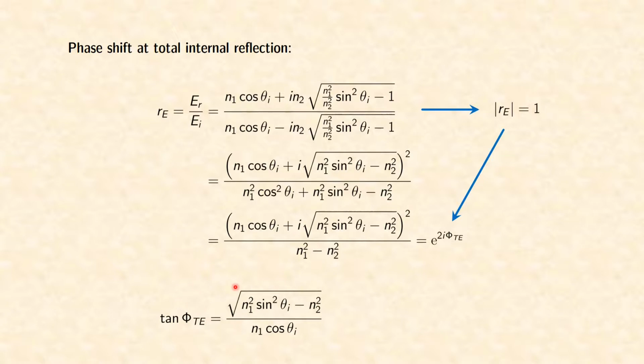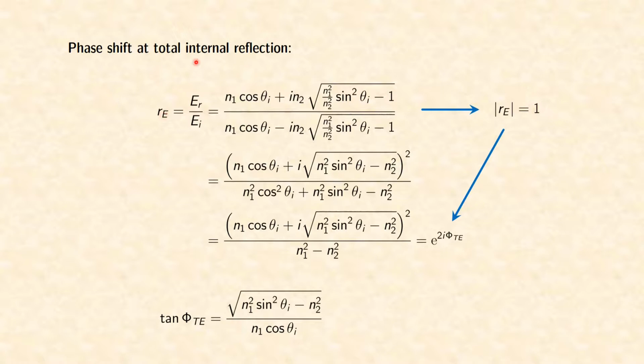and this in fact means that we have a phase shift in the reflected wave, which we don't have in case of normal reflection, because when we have normal reflection, the reflection factor is just a real number, so there is no phase shift.